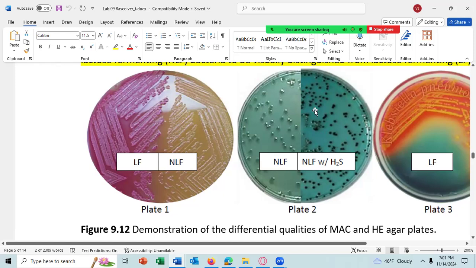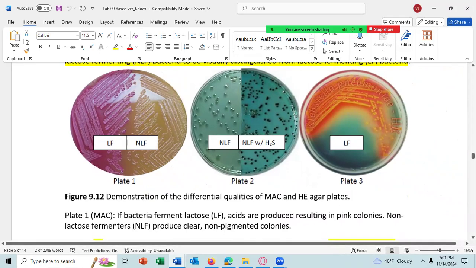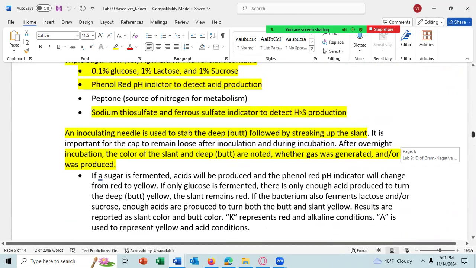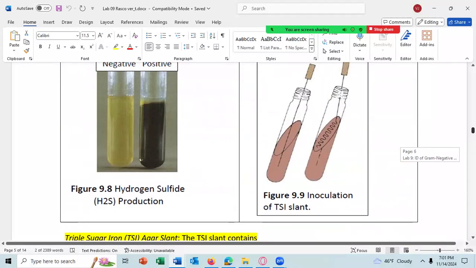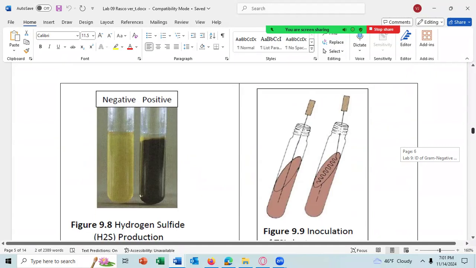That's because this species is producing hydrogen sulfide. And when grown on the HE plate, you can look for hydrogen sulfide production. All right, any question about any of that? If not, let's move on to the triple sugar iron.